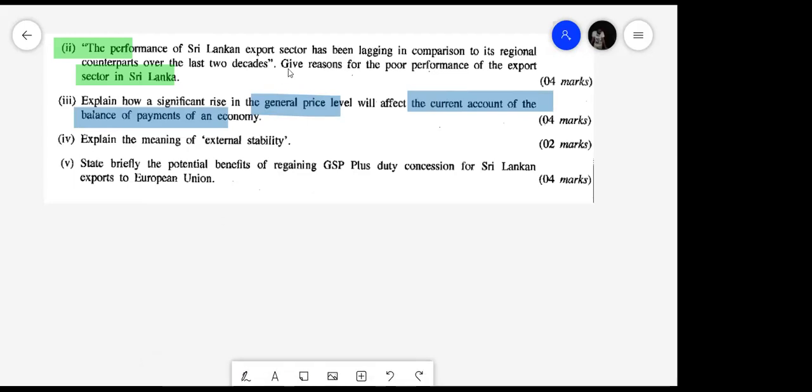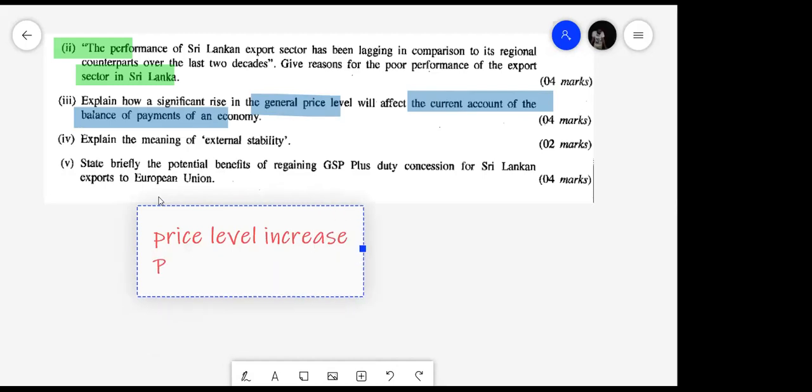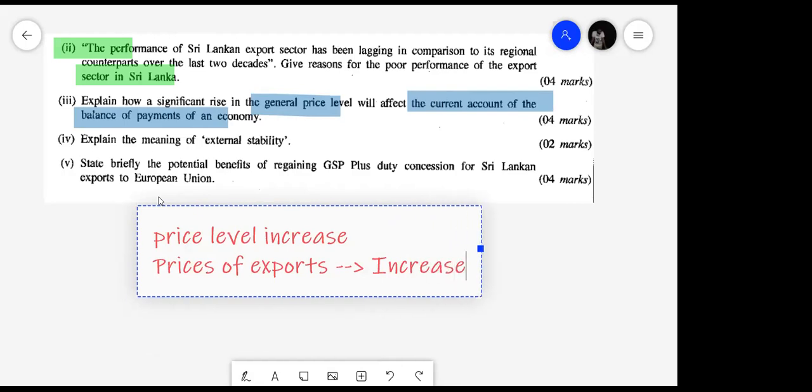So what happens, guys, when prices increase? When the price levels increase, what happens to your prices of exports? Prices of exports, whatever you're exporting, also increase. Whatever you're exporting is now higher.